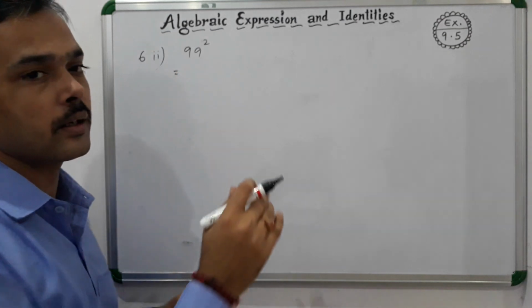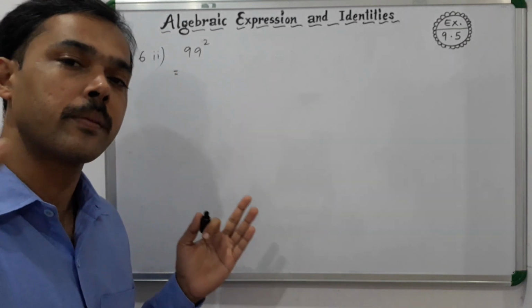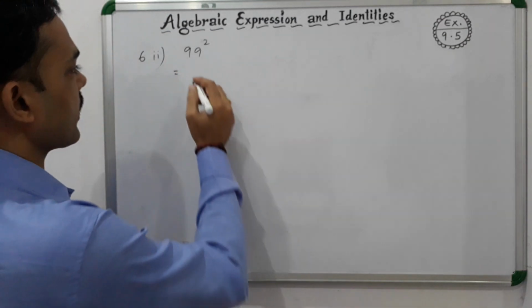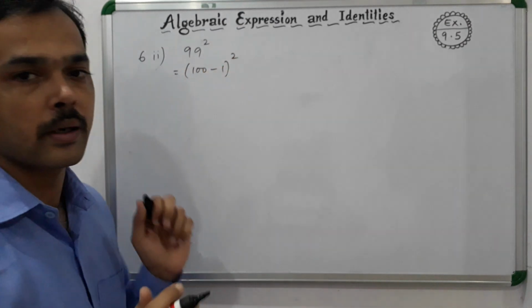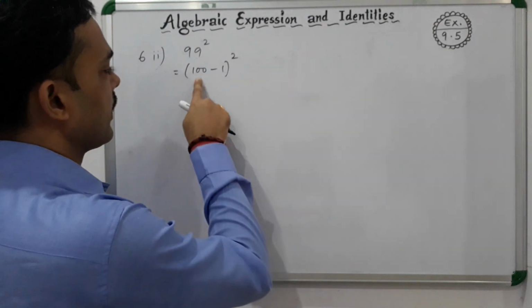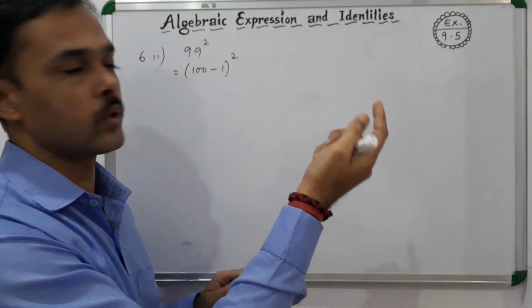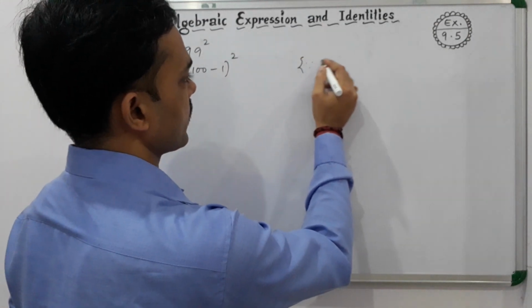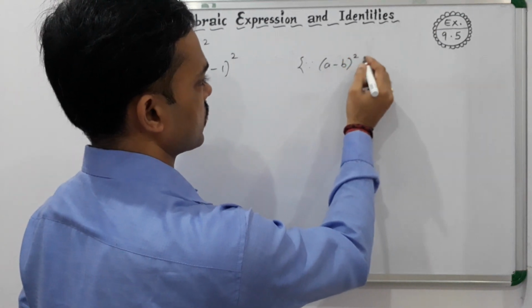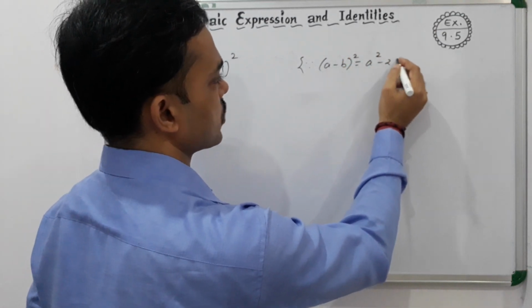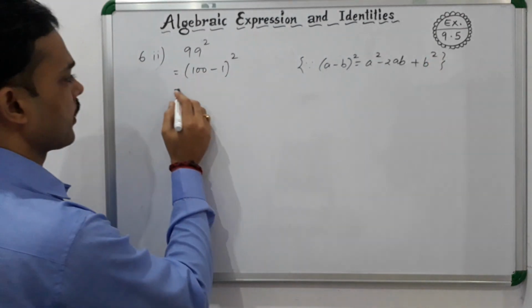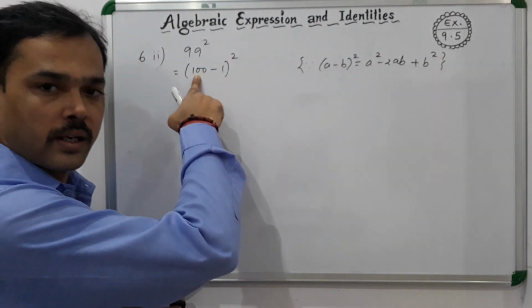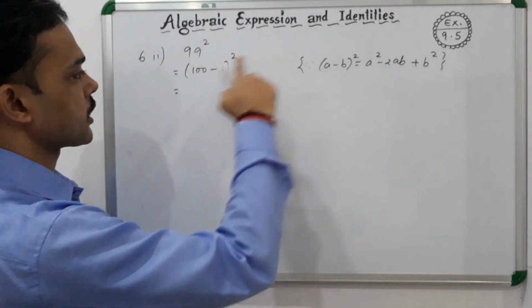This 99 can be written as 100 minus 1. So now it is becoming 100 minus 1 whole square. Now it is in the form of a minus b whole square. Since you know that a minus b whole square equals a square minus 2ab plus b square, at place of a it is 100, at place of b it is 1.